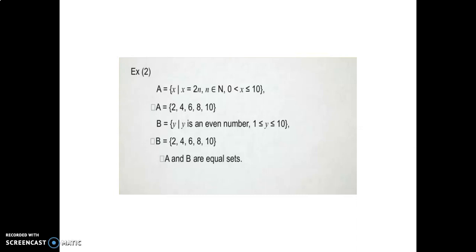So 2 into 1 is 2, 2 into 2 is 4, 2 into 3 is 6, like that. B equals {y such that y is an even number}, condition for y is greater than 1 and less than or equal to 10. So in listing method, you will get B equals {2, 4, 6, 8, 10}. Here all the elements of set A and set B are same. So we can say that A equals B.